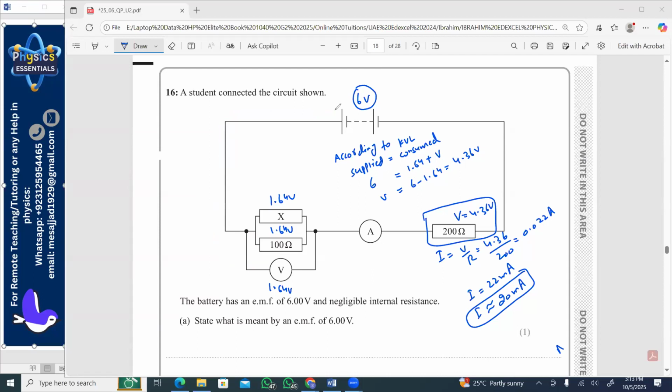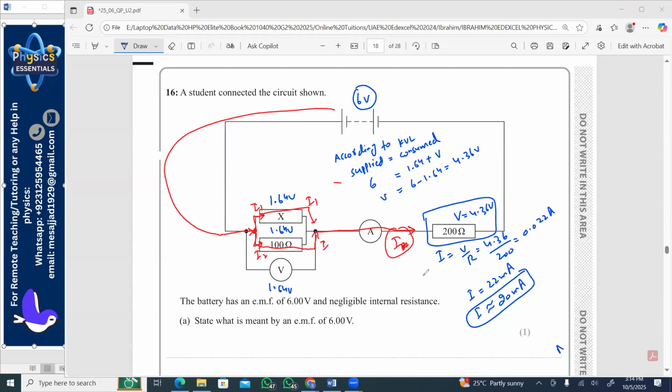So the current is actually coming out here and divided into two parts. One is going this way and one is going this way. So this is I1, this is I2, and now it is coming back here and rejoining again. And then it is coming here again as I. So I is actually the full current.